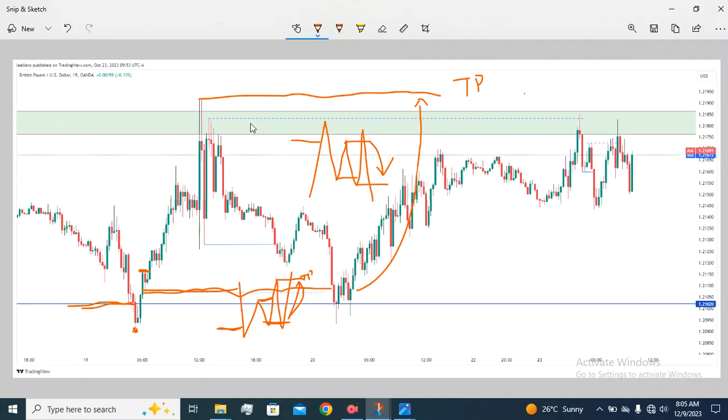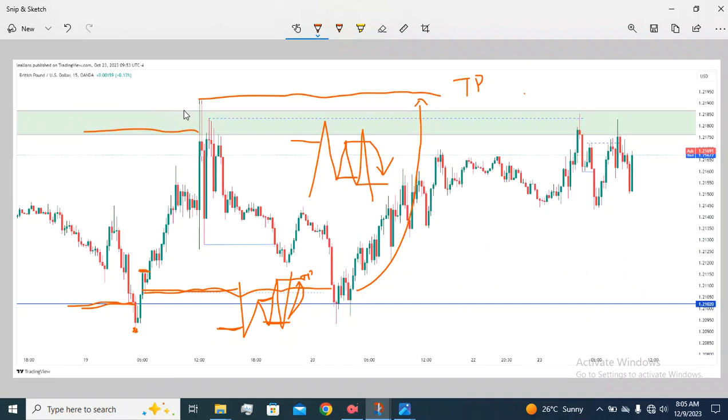So, this was kind of a sweep of liquidity, because I don't know exactly what is happening on the higher time frame, but let's make an assumption that there was a sweep of liquidity because of this guy here.